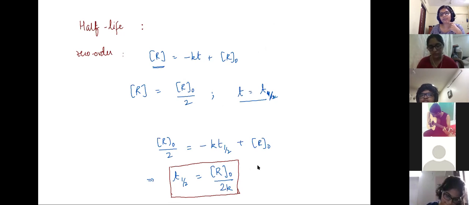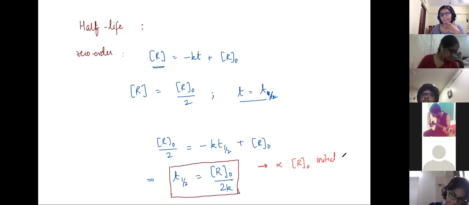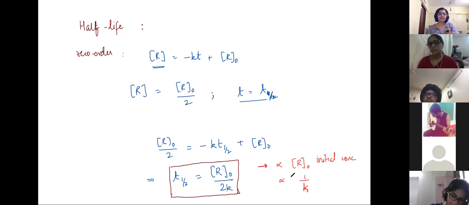Half-life depends on, one, it is directly dependent on R naught, which is the initial concentration. And two, it is inversely proportional to the rate constant. What does this mean?